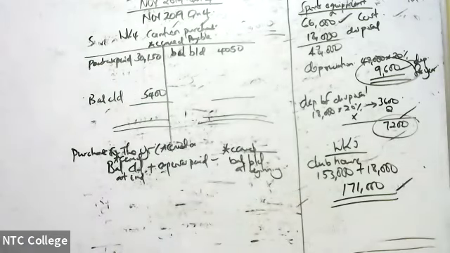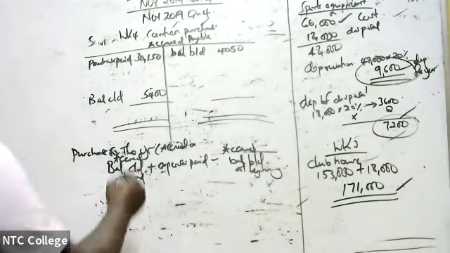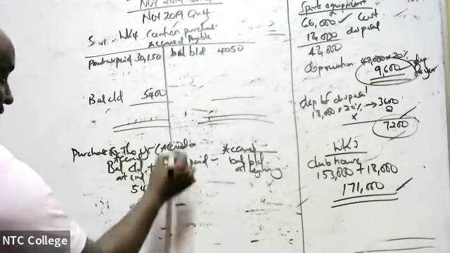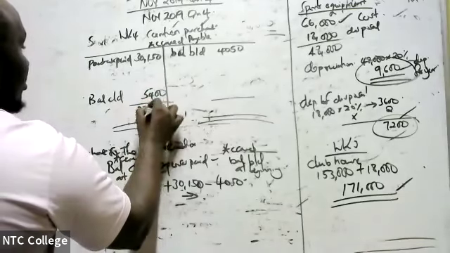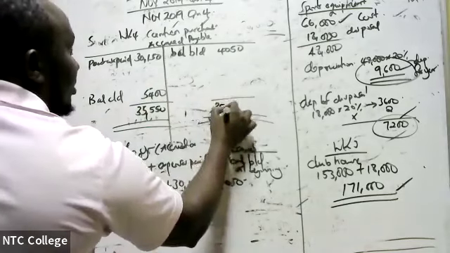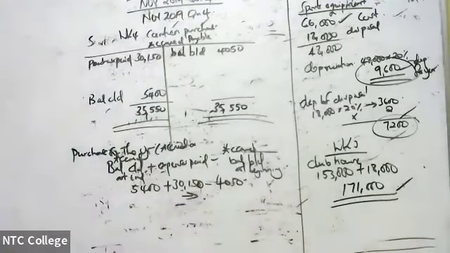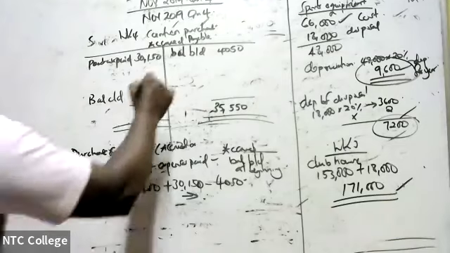So I don't need even to open that T format. So payables accrued at the end is how much? It is 5,400 plus expenses. So this is 35,550. That is 35,550. So this is the income statement. So that gives me purchases for the year.